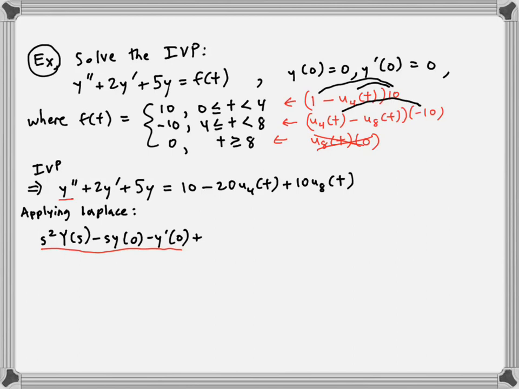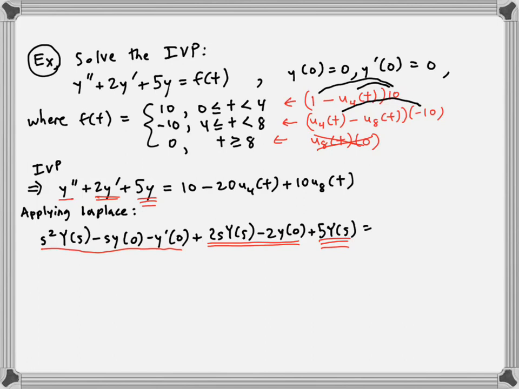Remember, we have a formula for that as well. It's going to be 2sy of s minus 2y of 0. I have a 2 twice because, again, I'm distributing the 2. And then plus 5y of s. So just to let you know where these things are coming from, that guy turned into this, and this guy turned into that.